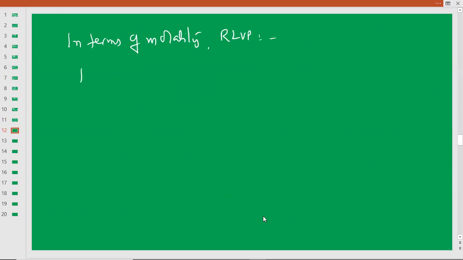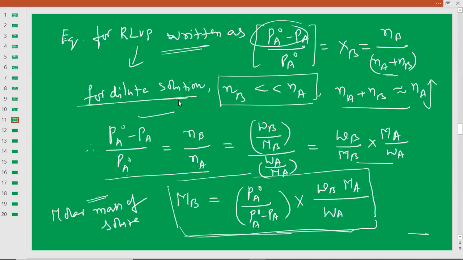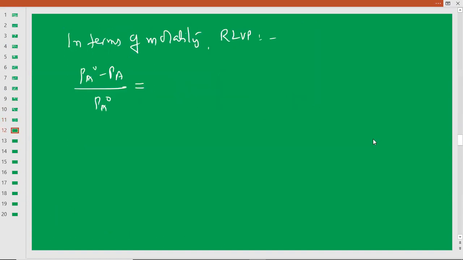We have told that (PA naught minus PA) by PA naught is equal to WB by MB into MA by WA.